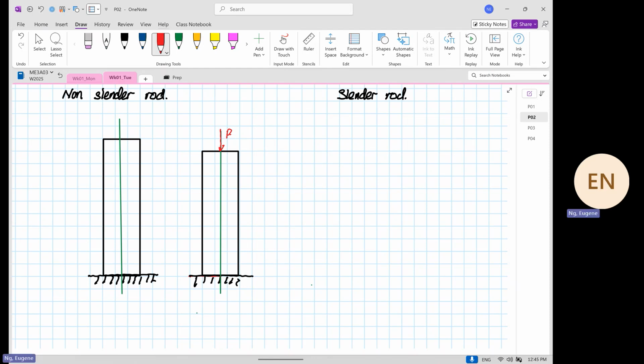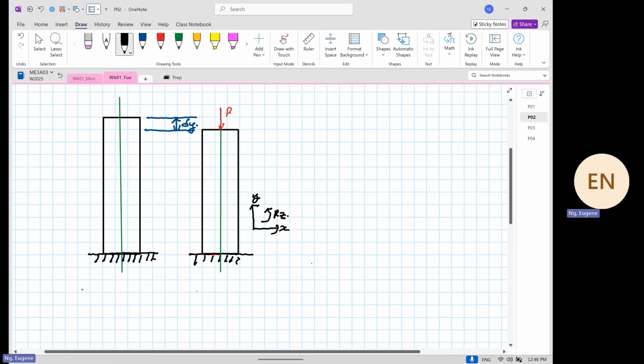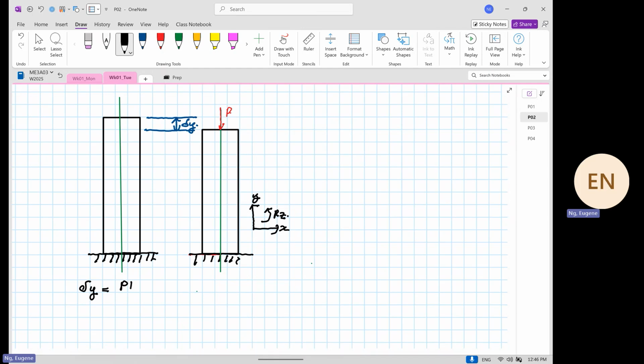So the deflection, as you can see over here, this is known as your delta Y. Okay. So if I'm going to start introducing transformation, X, Y, rotation about Z, what we have is the deflection in the Y direction is equal to PL over AE.